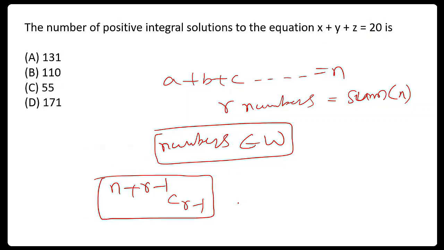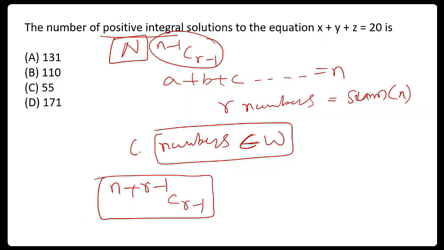What is the difference between the previous question and this question? In the previous question, if the numbers can be only positive integral, that means only natural numbers, then n minus 1 C r minus 1 is the total number of combinations. Whereas if numbers can take 0 also along with positive integral solutions, then the total number of combinations is n plus r minus 1 C r minus 1.